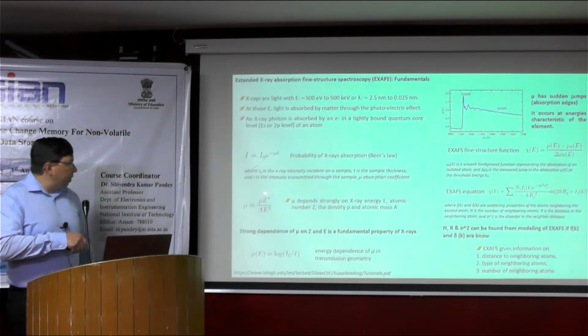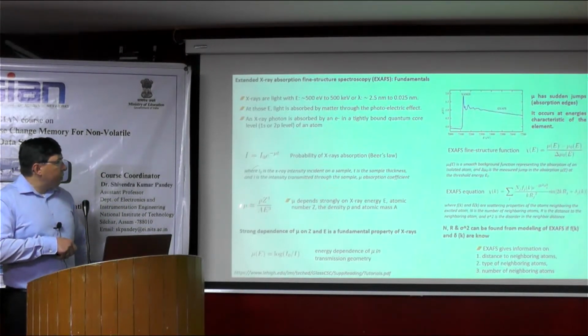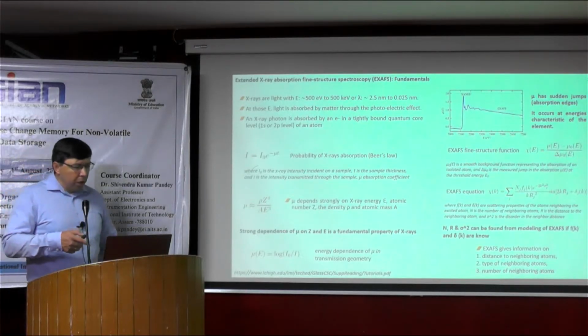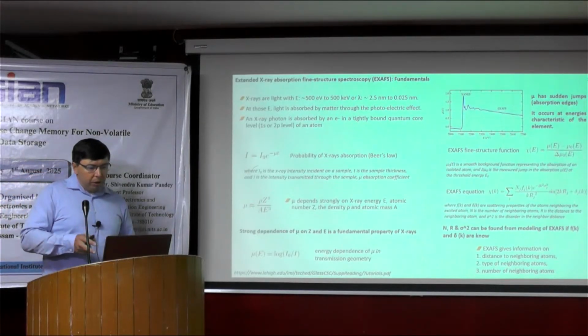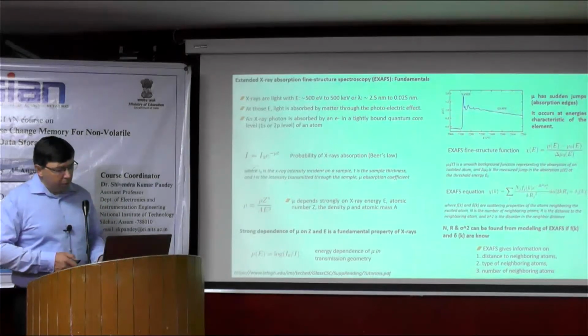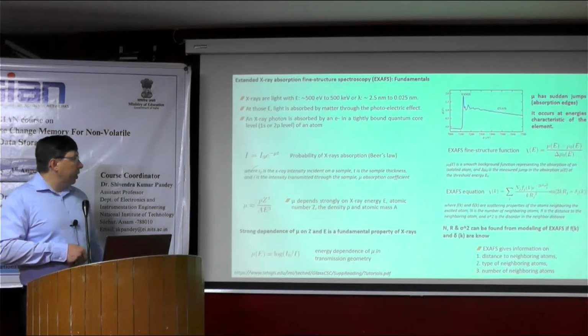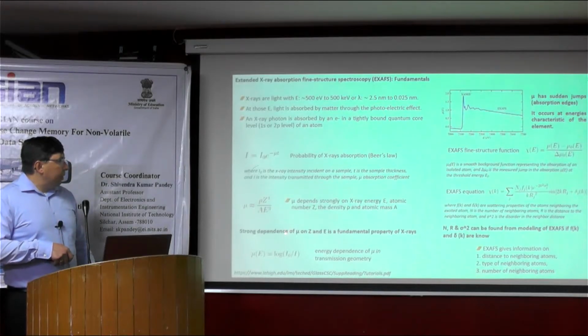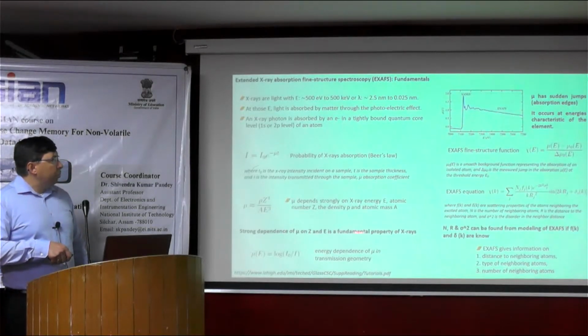So what you can see from this absorption coefficient is that we can distinguish the types of atoms in the material, and so mu is also dependent on Z and E. And this is the fundamental property of such X-rays.